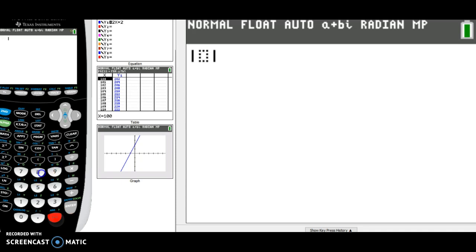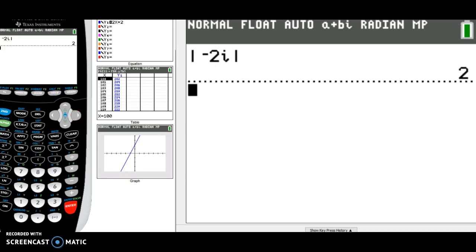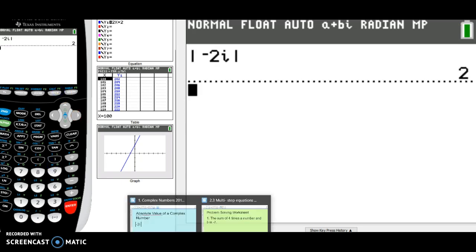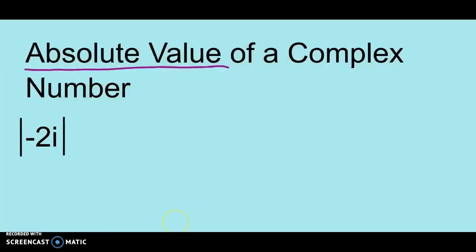And we're going to put in -2, and then second decimal to get our i. And then we have to press the key that makes it go over to the right to get out of that. Go ahead and hit enter, and there you go. It's 2. So the absolute value, or the distance from the origin, is 2.